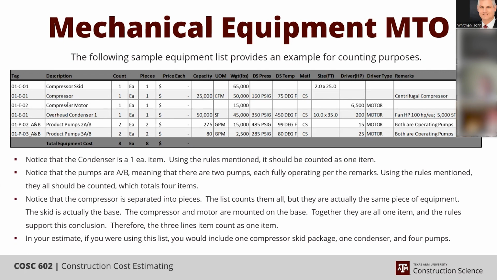Or you could list all 3, include this particular information with it, but you're only going to labor it one time, because you've got a 1,500 pound, you've got a 7.5 ton compressor that's 6,500 horsepower, and you're depending upon how your company looks at it. Some companies labor all the equipment by weight, others will labor it by type and capacity.